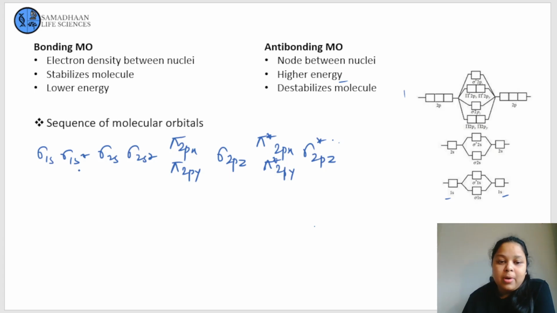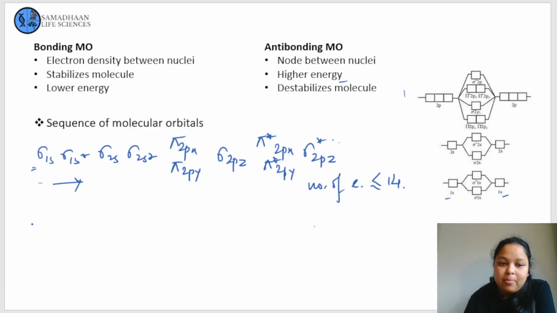So when the total number of electrons is less than or equal to 14, this is the electronic configuration, and every molecular orbital can have two electrons at the most, and the energy goes from lower to higher in this direction. So we will fill the electrons also in this direction, starting from here.